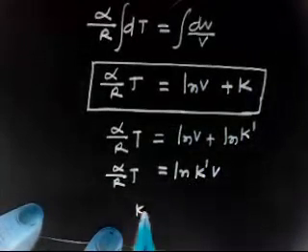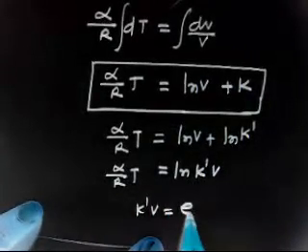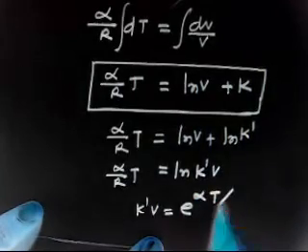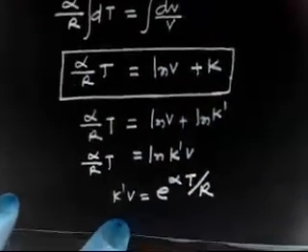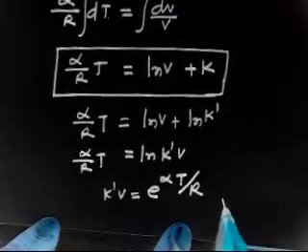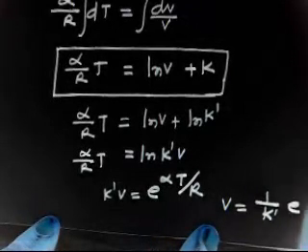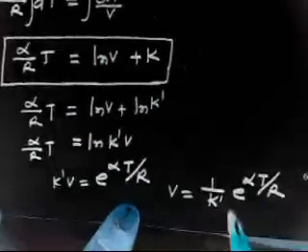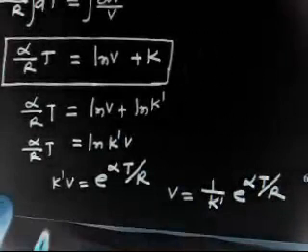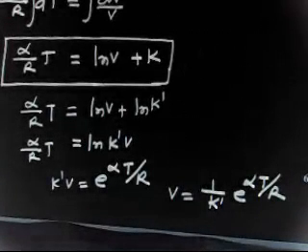So K dash into V equals e to the power alpha T by R. Are you getting? So you will have V equals 1 by K dash e to the power alpha T by R. Are you getting? So 1 by K dash is again a new constant, so I can write the equation in another way also.